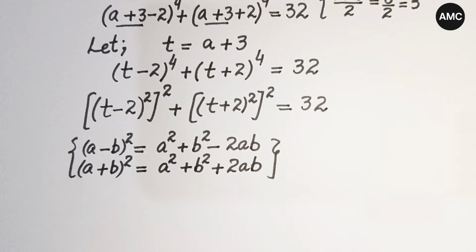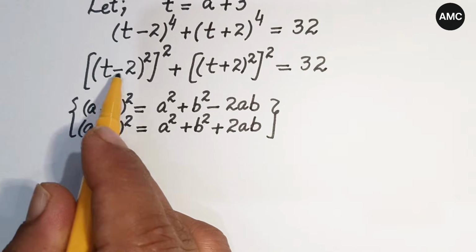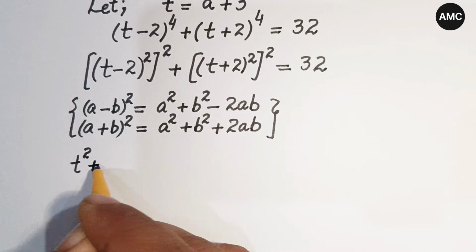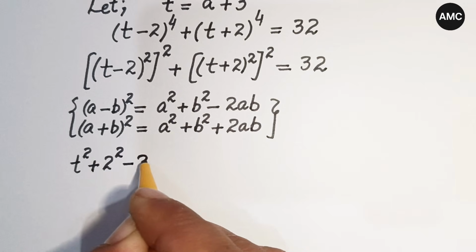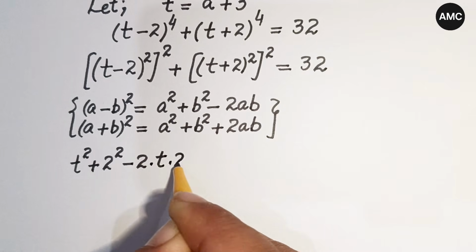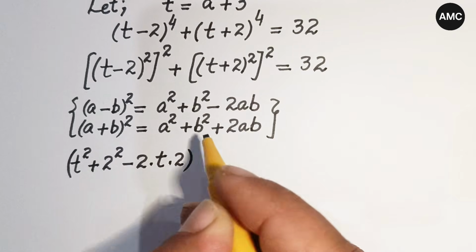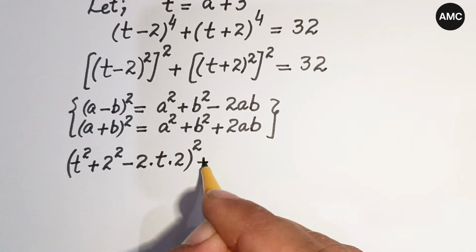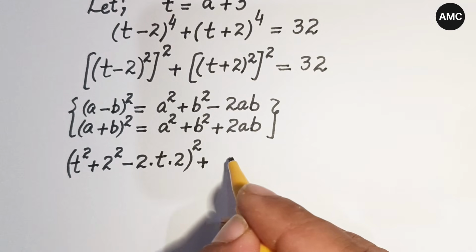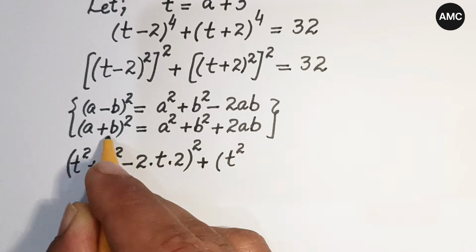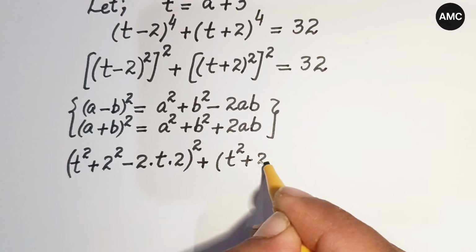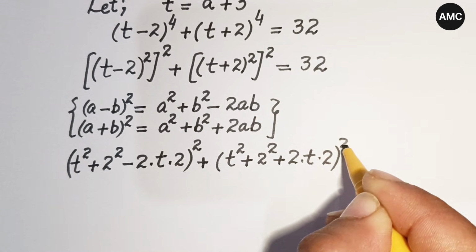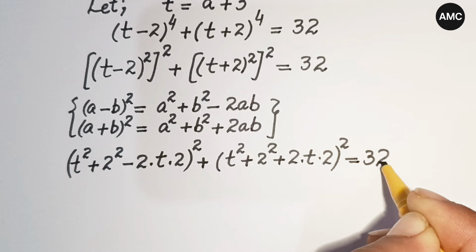Applying these two formulas, this step will be (t^2 + 2^2 - 2 times t times 2)^2, plus (t^2 + 2^2 + 2 times t times 2)^2 is equal to 32.